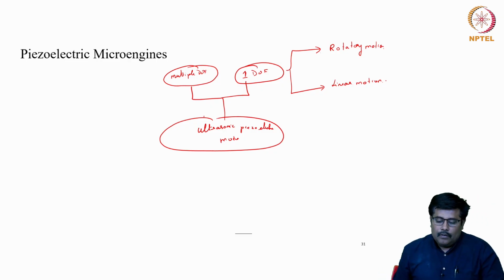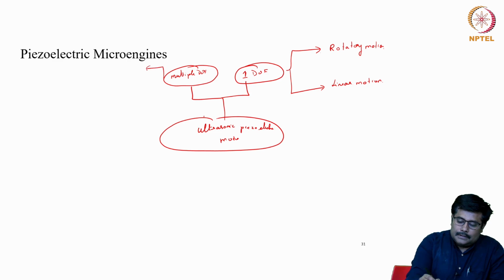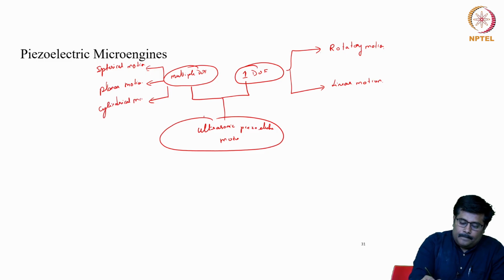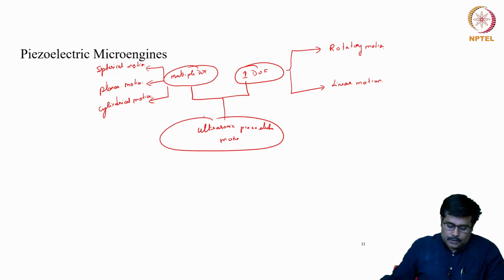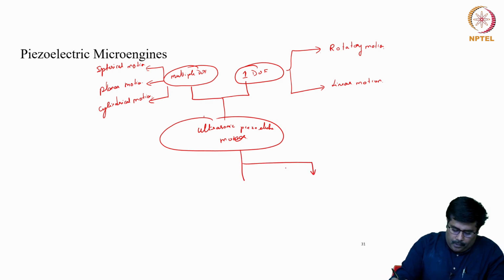In the case of multiple degrees of freedom, it is classified as spherical motion, planar motion and cylindrical motion.